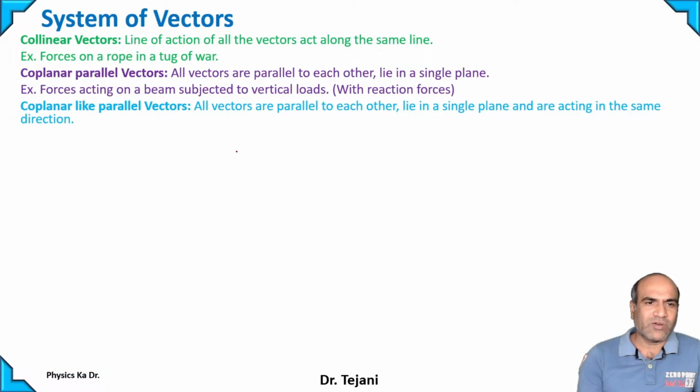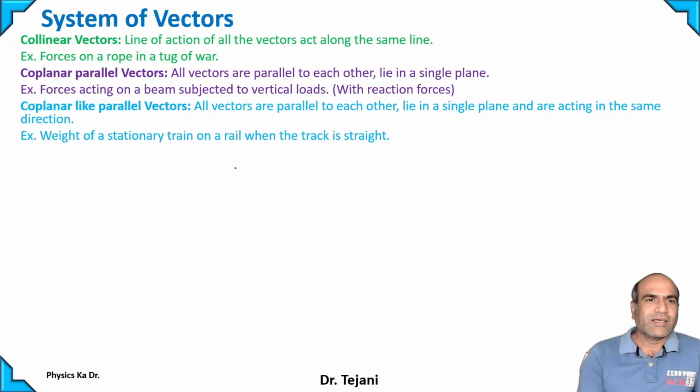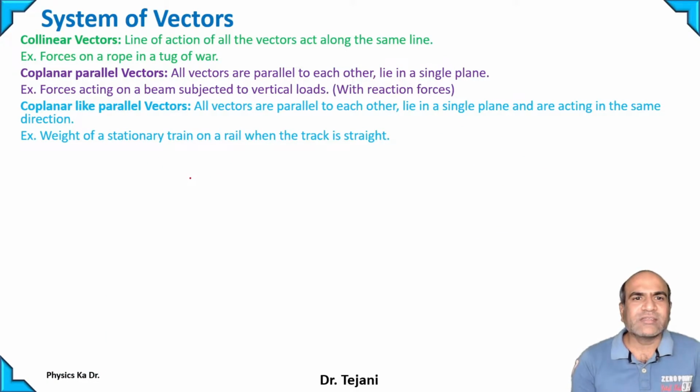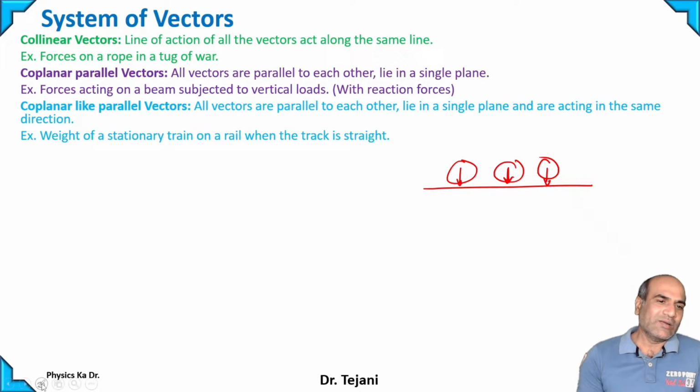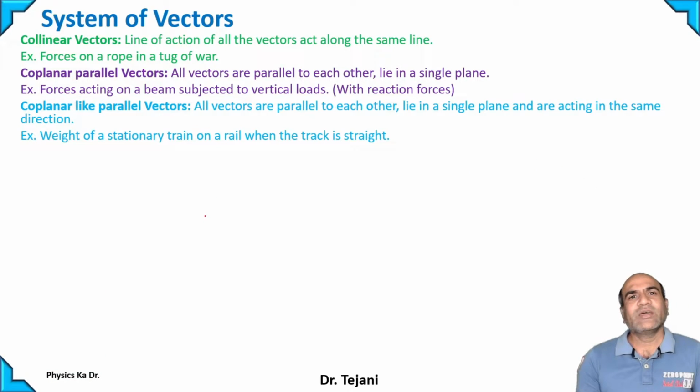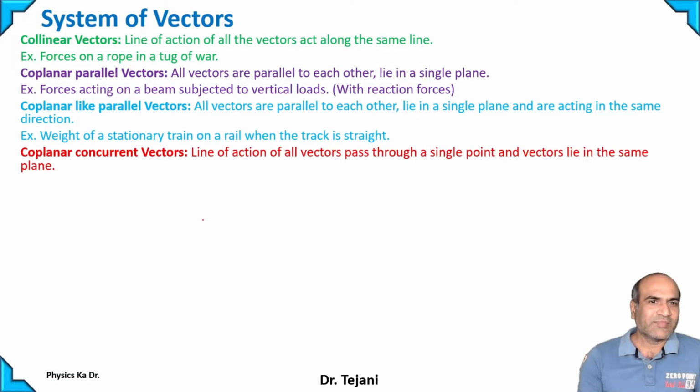An example is the weight of a stationary train on a rail. Say this is a rail track. All have a single downward direction, all are loaded downward, all are parallel and all are in a single plane. Comment more examples on all of this.